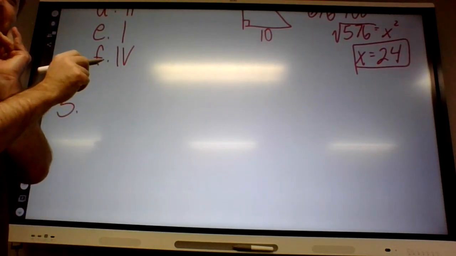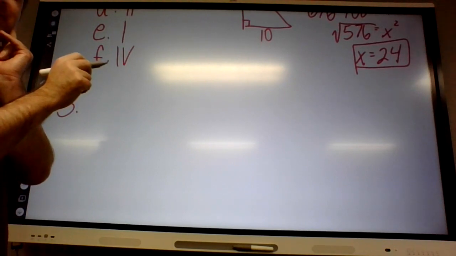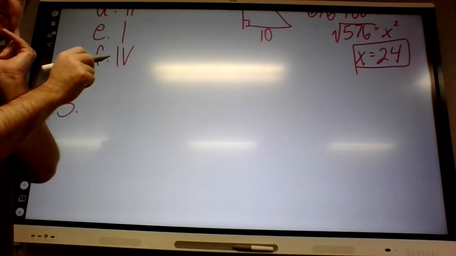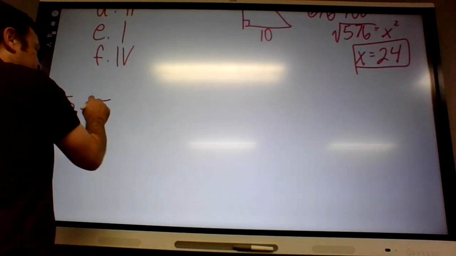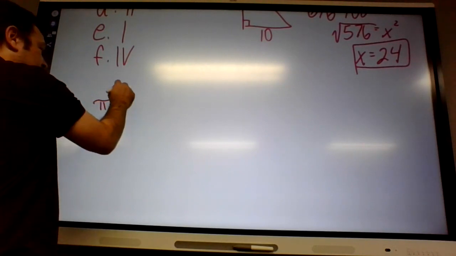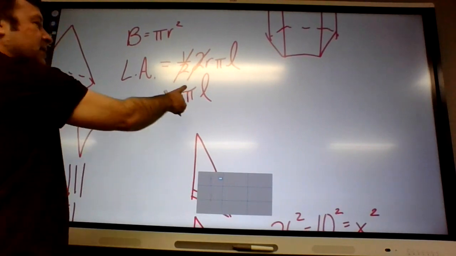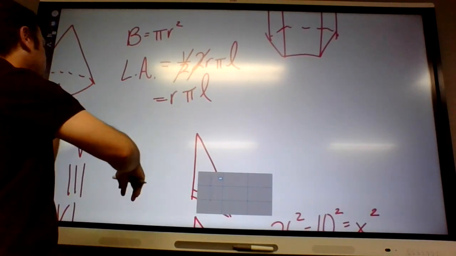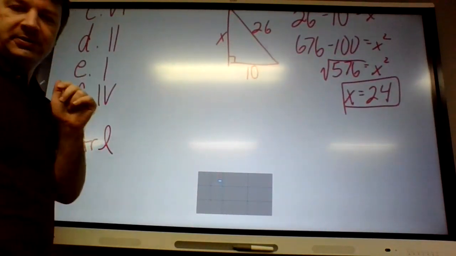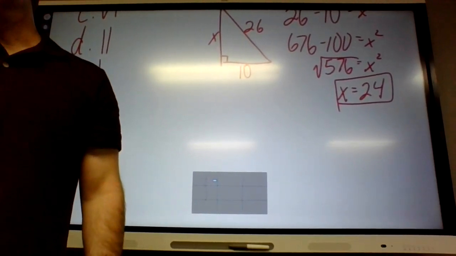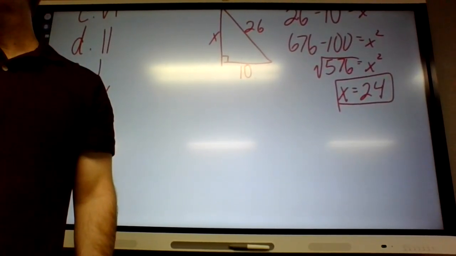I never wrote it down. Lateral surface area for a cone? Right here? Yeah. Well, I wrote it in a different order.